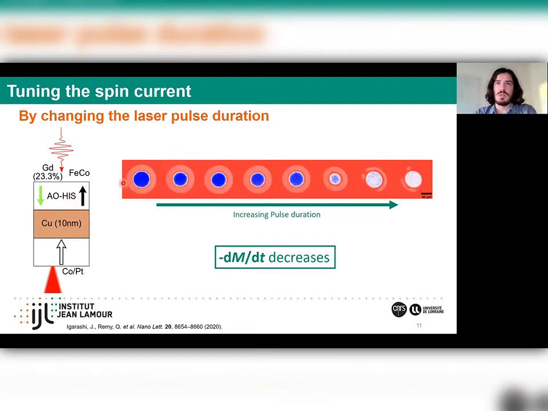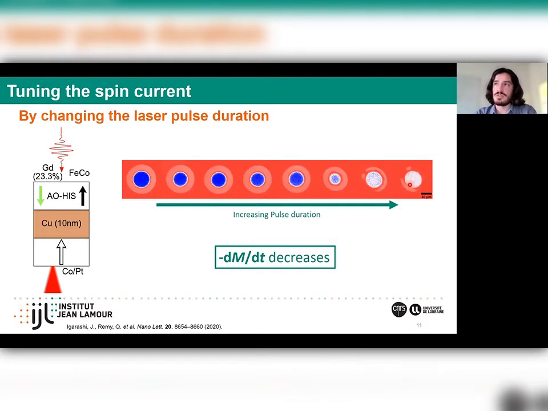So in this outer region, at a low pulse duration, I reverse the gadolinium iron cobalt, and in the center here, I reverse the cobalt platinum. And as I increase the pulse duration, at first, nothing changes much, but then at some point, this blue region starts to become white until it becomes completely white.